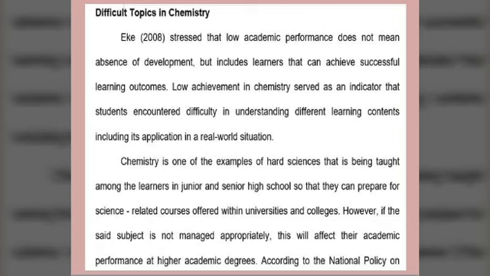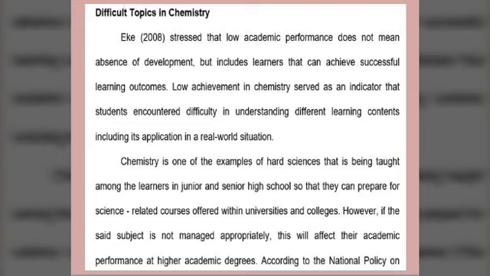Okay, let's have this one. ECA 2008 stressed that low academic performance does not mean absence of development, but includes learners that can achieve successful learning outcomes. Low achievement in chemistry serves as an indicator that students encounter difficulty in understanding different learning contexts, including its application in a real-world situation.